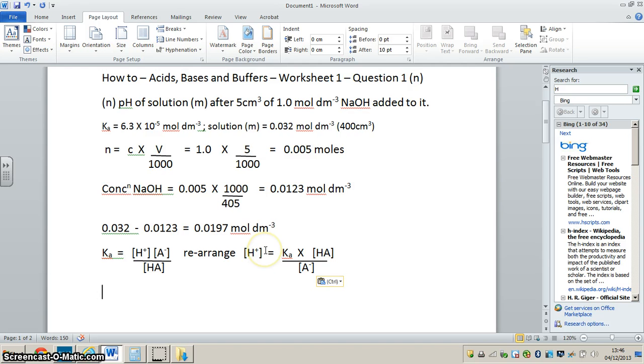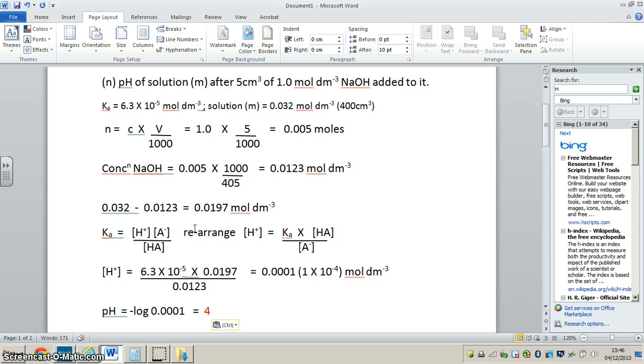So let's just do that. Here's the final answer then. I've substituted in the values that we know, some of which we have determined in this experiment, and I've arrived at a hydrogen ion concentration of 0.0001 mole per decimeter cubed.